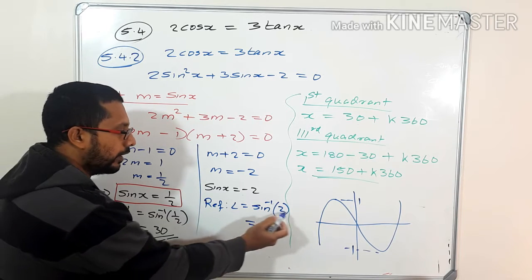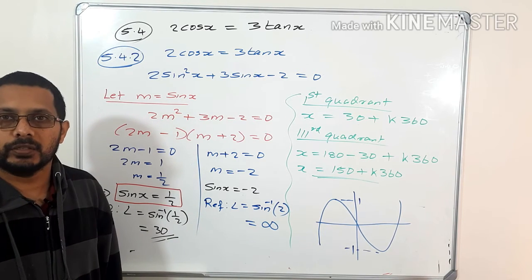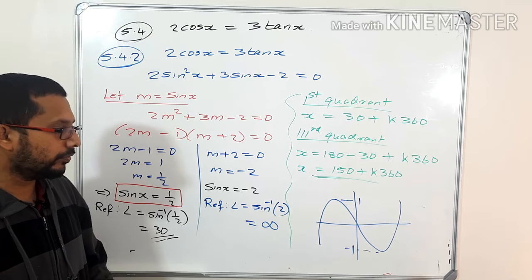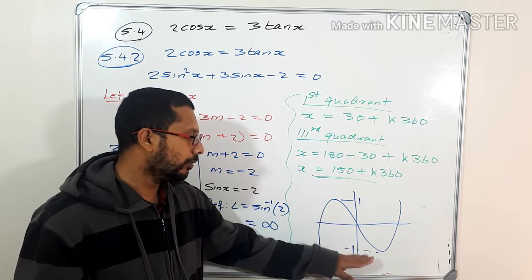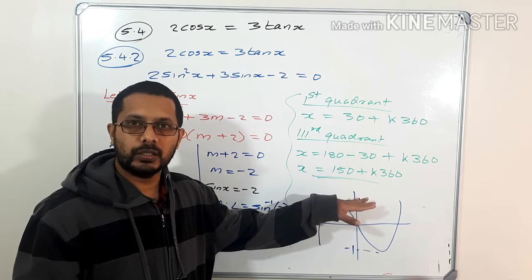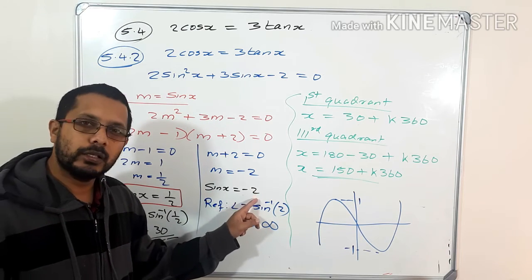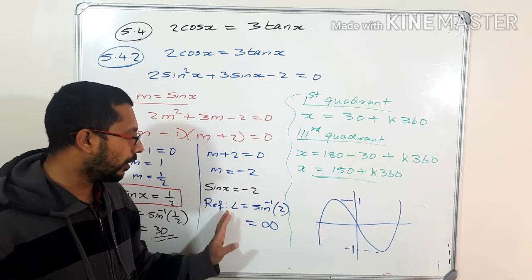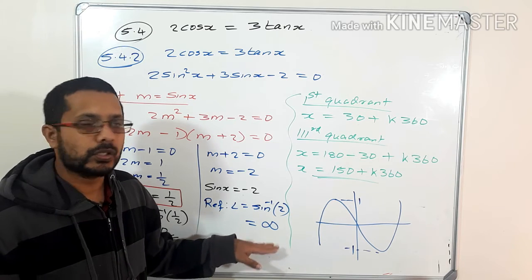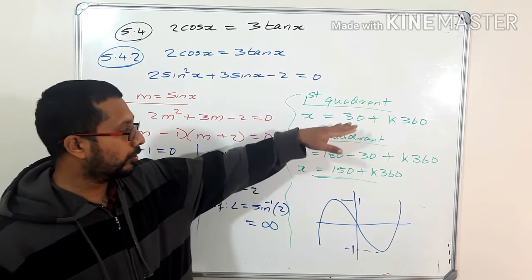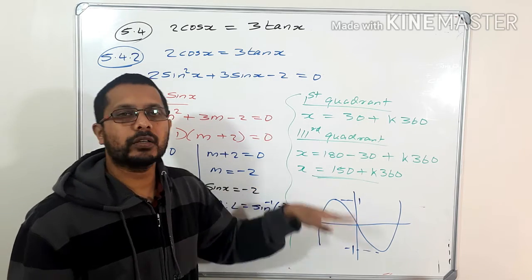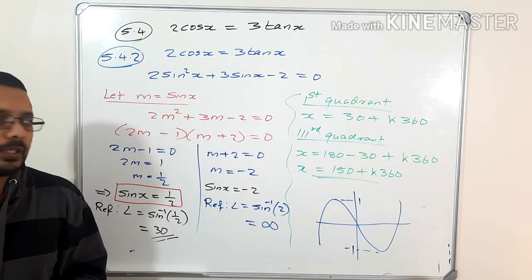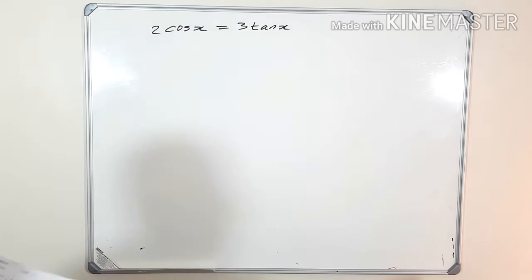If you try to find sine inverse of 2, it is undefined. Why is it undefined? Because the minimum and maximum value of sine is from minus 1 to 1, and here the value of sine is minus 2. That is why you can't find an answer. So the only two solutions are x is equal to 30 plus k 360 and x is equal to 150 plus k 360.